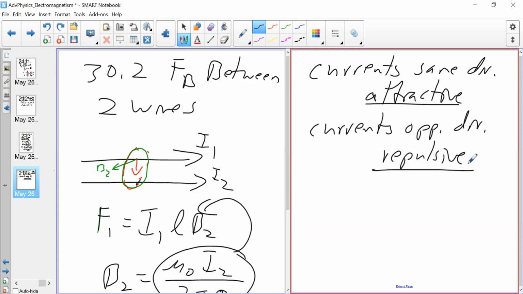Okay, so messing around with the formula, but moving ahead, I've also done this little trick too. Ampere's law. This is pretty cool because when I was teaching AdvPhysics B, you had to teach everything, mechanics and electromagnetism.